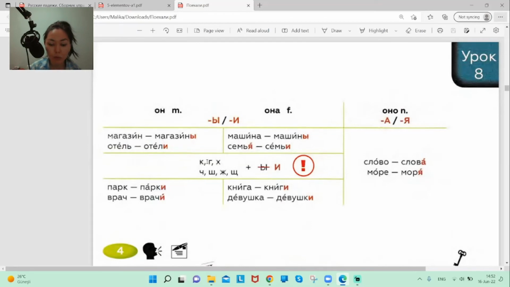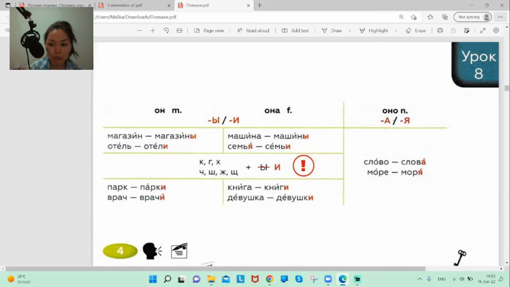And also when a word ends in к, г, х, ч, ш, ж, щ, we also add и. Like парк, парки, врач, врачи. Or in feminine, it ends in га or ка. Книга becomes книги. Девушка, девушки.